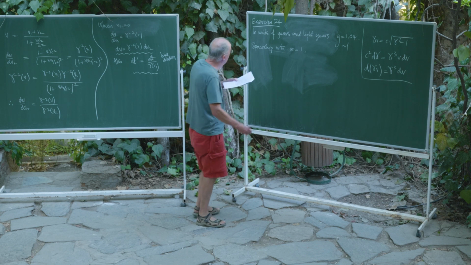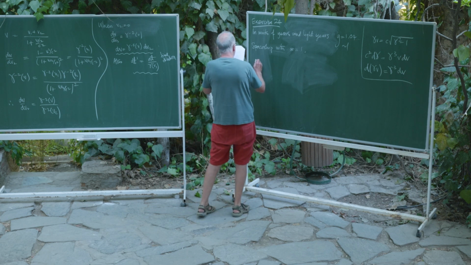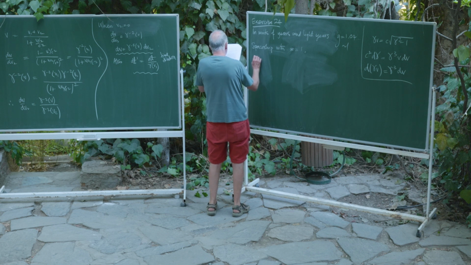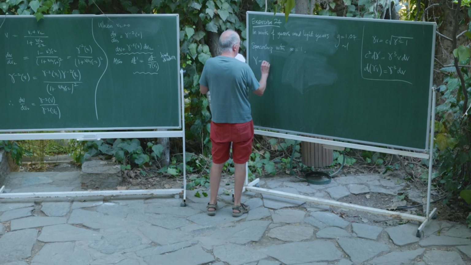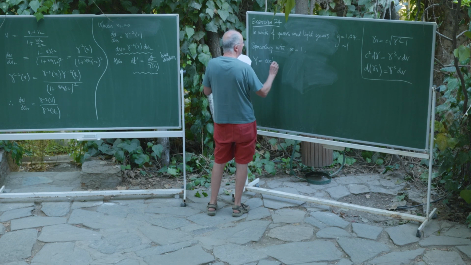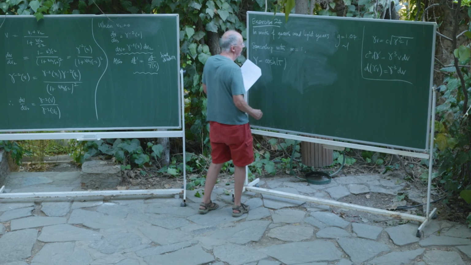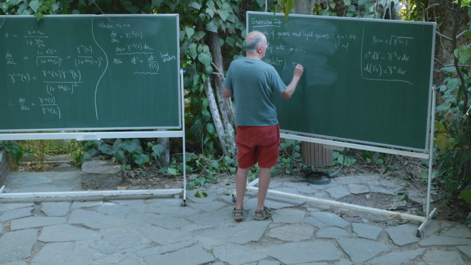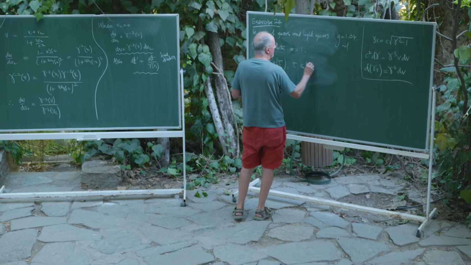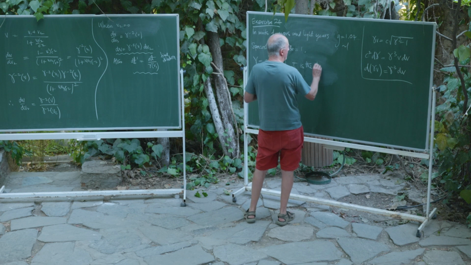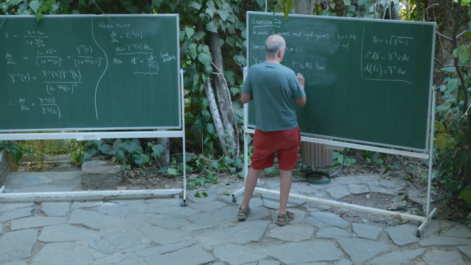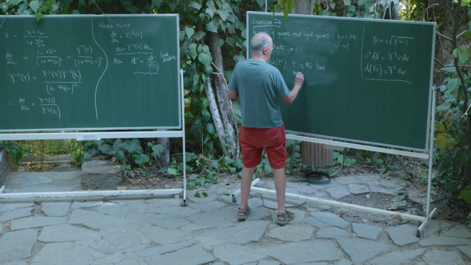So the first part of the exercise is to show that its Lorentz factor is given by cosh, the hyperbolic cosine of tau, where tau is the time measured in the spaceship.